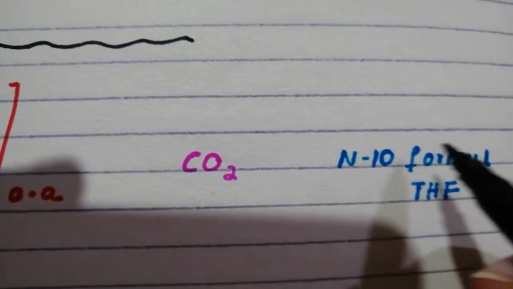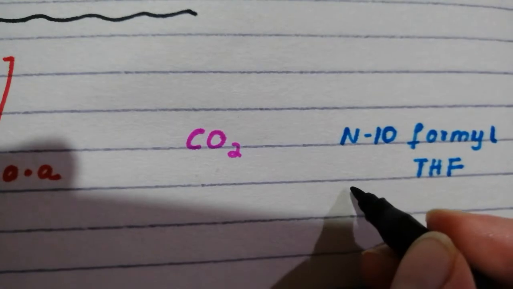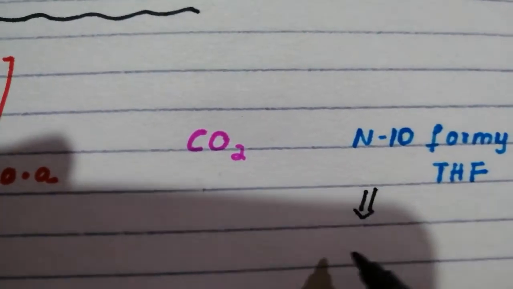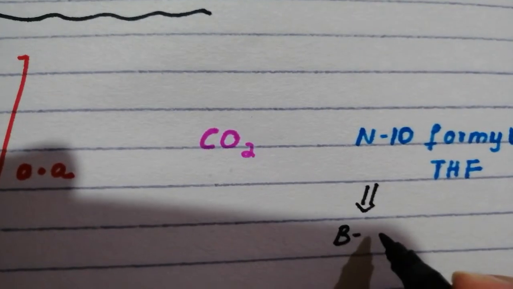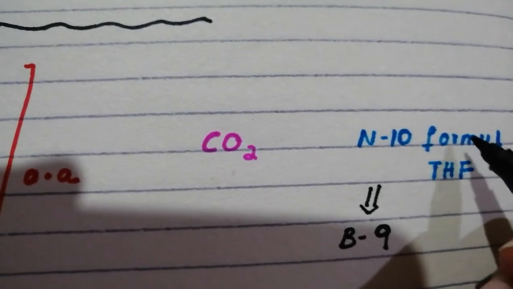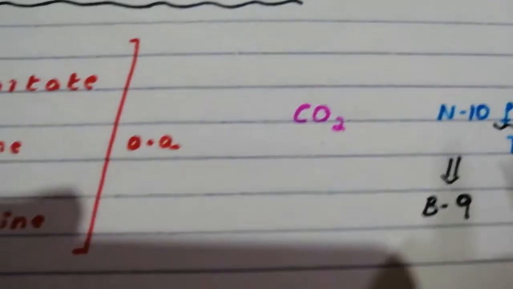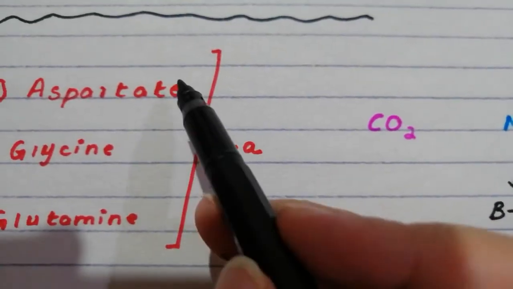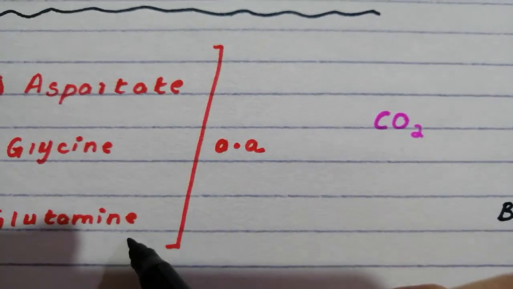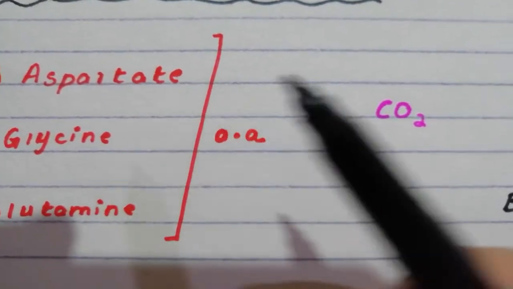in 2 steps, I believe. THF is basically the active form of vitamin B9, which has the most important function of being a 1-carbon carrier, and in this case the carbon group that is carried is the formyl group. So these amino acids, aspartate, glycine, glutamine, will be contributing mostly nitrogen.